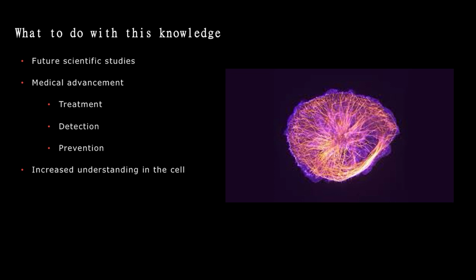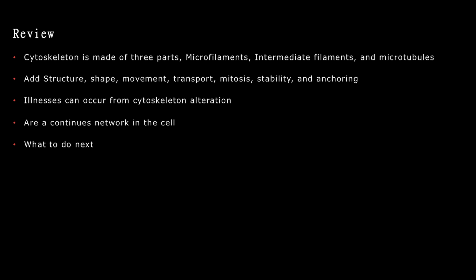I think we advance those studies. I think we do medical advances along with it, whether it be treatment. How can we treat people who have these disorders like liver cirrhosis and Alzheimer's and many different others, especially different forms of cancers that could arise from this? What's our next treatment for it based on that level?